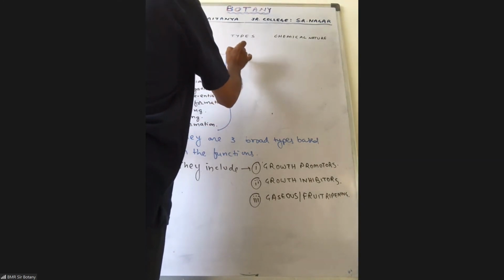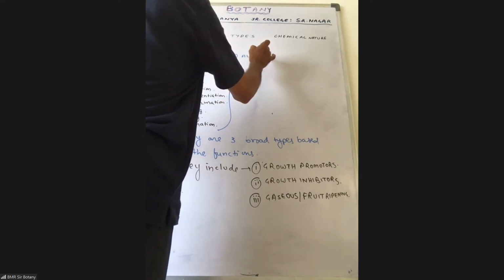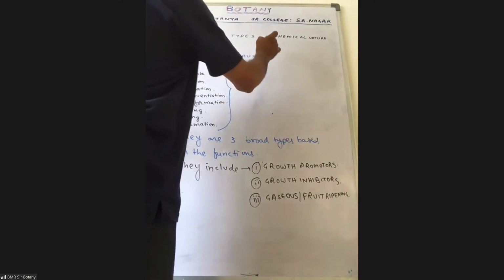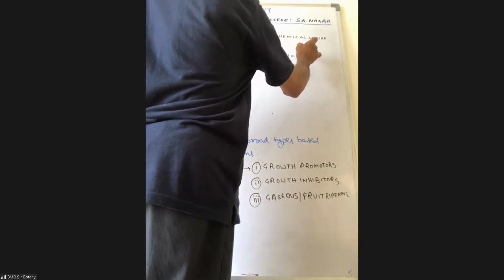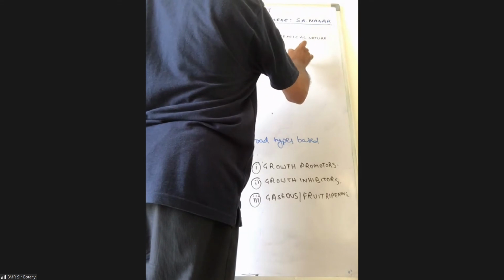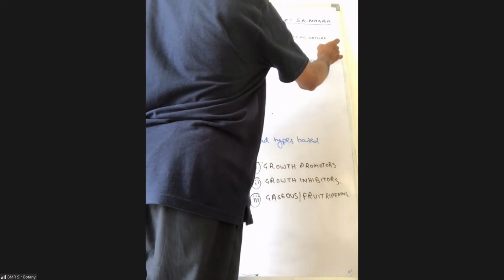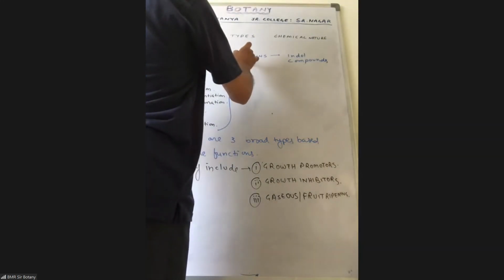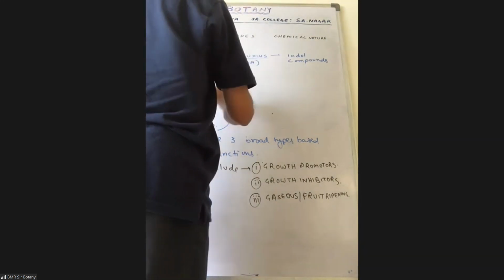These include, one, subtype auxins, which are chemically indole compounds. IAA, indole acetic acid, is one such example.